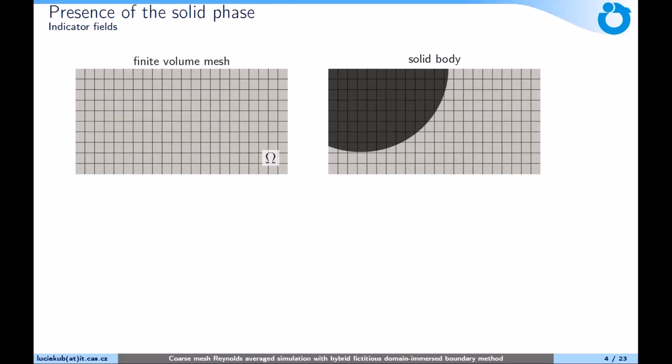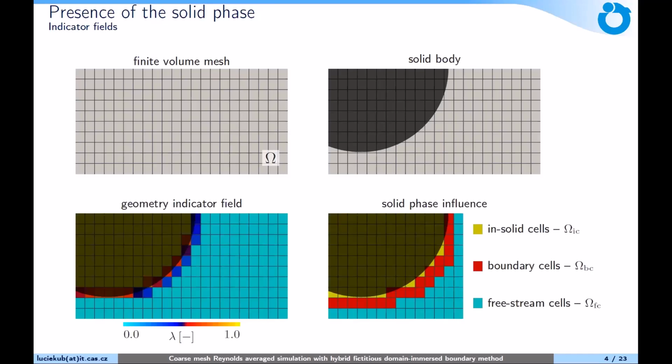When we start with the immersed boundary itself, when you have some finite volume mesh and you want to project a solid body onto it, you can project it using an indicator scalar field, which takes values from 0 to 1, where cells with 0 are in fluid, cells with 1 are in solid, and the cells in between form the fluid-solid interface. Then, based on the indicator field, we can further divide the cells into in-solid cells, boundary cells, and free stream cells.